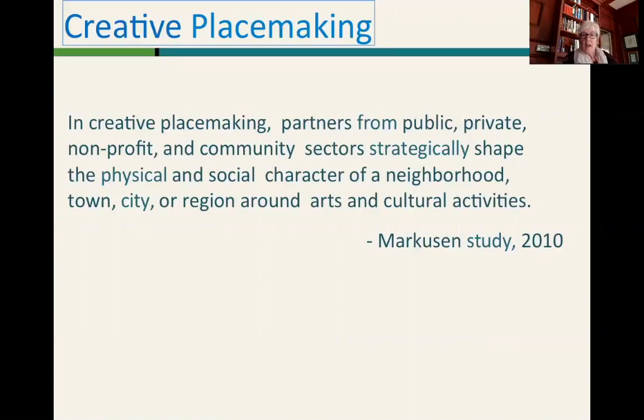And so Markusen's study, which was a white paper done for the National League of Cities, defined it as a place where partners from public, private, nonprofit, and community sectors strategically shape the physical and social character of a neighborhood, town, city, or region around arts and cultural activities. So really, as you're formulating your strategies around green infrastructure, this is about thinking about how it gets embraced in a larger move.